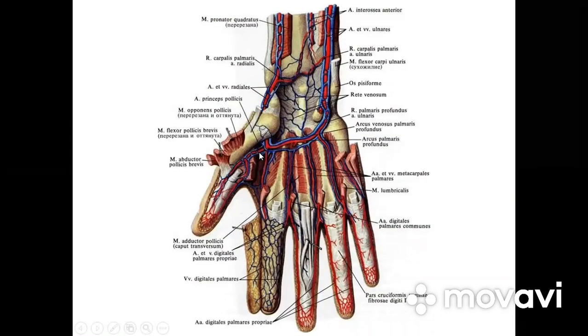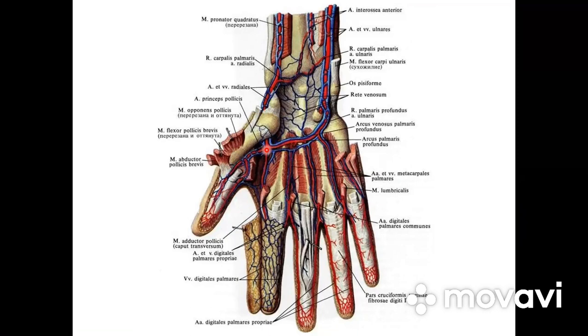On the palmar surface, from the radial artery begins the princeps pollicis artery, which continues to the level of the head of the first metacarpal bone, where it divides into proper palmar digital arteries, which lie on both borders of the first finger on the palmar surface.